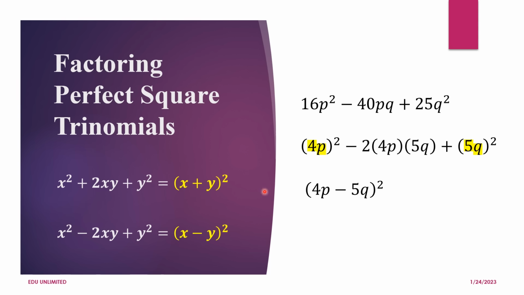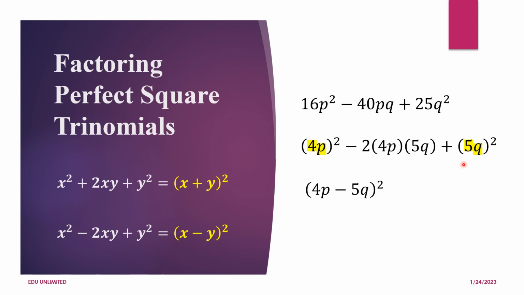to this format. So this format is related to this expression where x would represent the 16p. So the square root of 16p squared would be 4p. And the square root of 25q squared would be 5q. So that the square root of 25 is 5 and the square root of q squared is q.